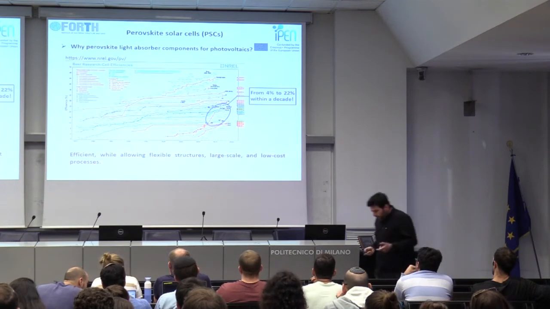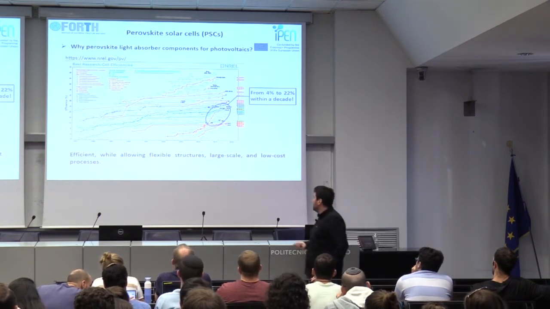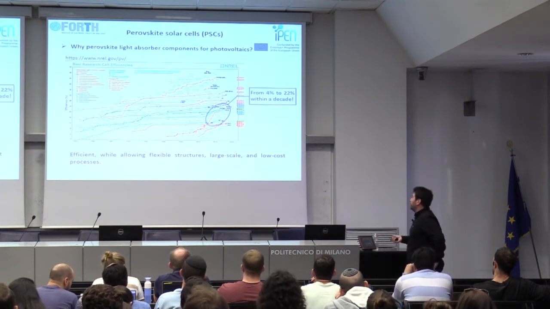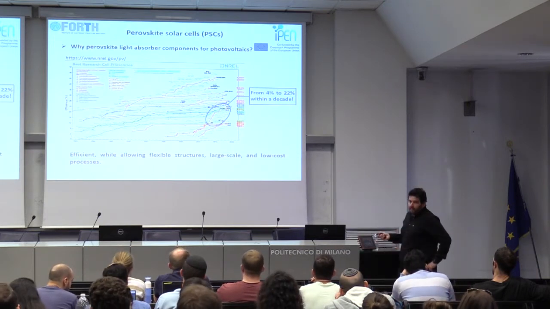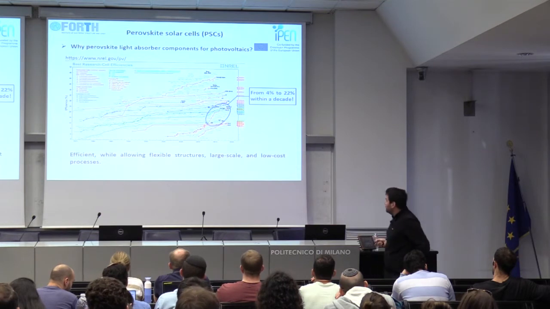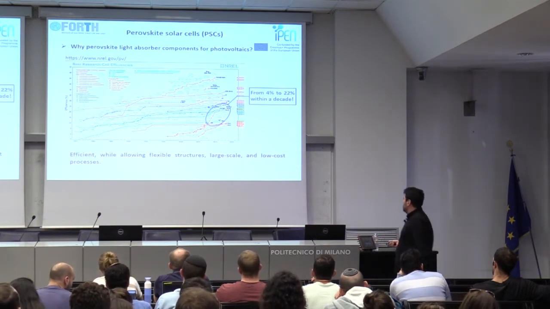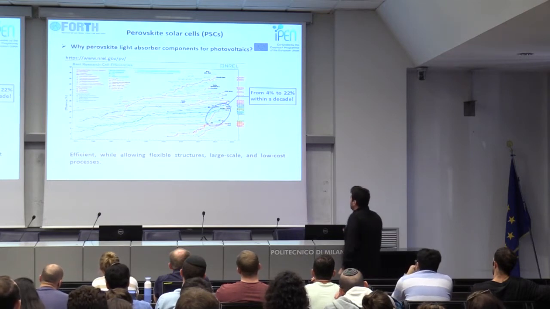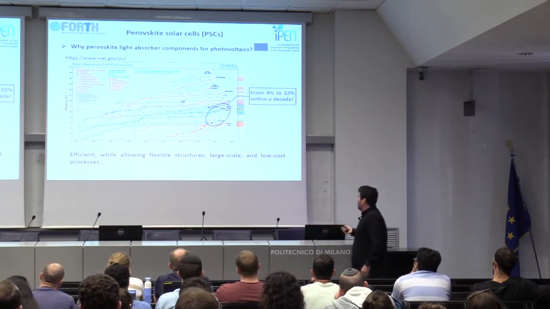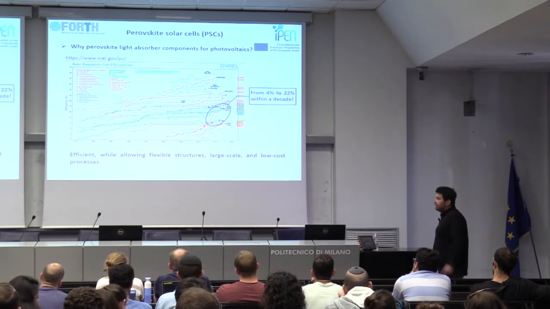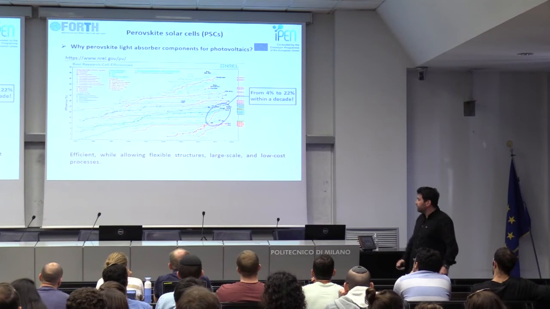And when it comes to solar cells, the question is why to choose perovskite light absorption components for photovoltaics. And the answer lies within this chart. You can see that the perovskites, within the last decade or so, show a big improvement in the power conversion efficiency from 4 to 22, even I think a little bit more nowadays.